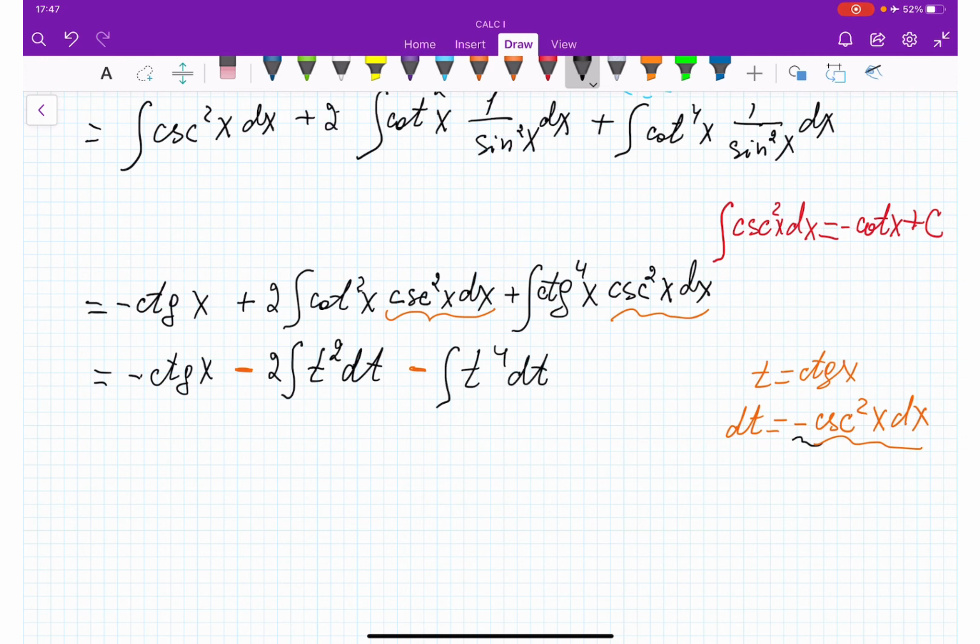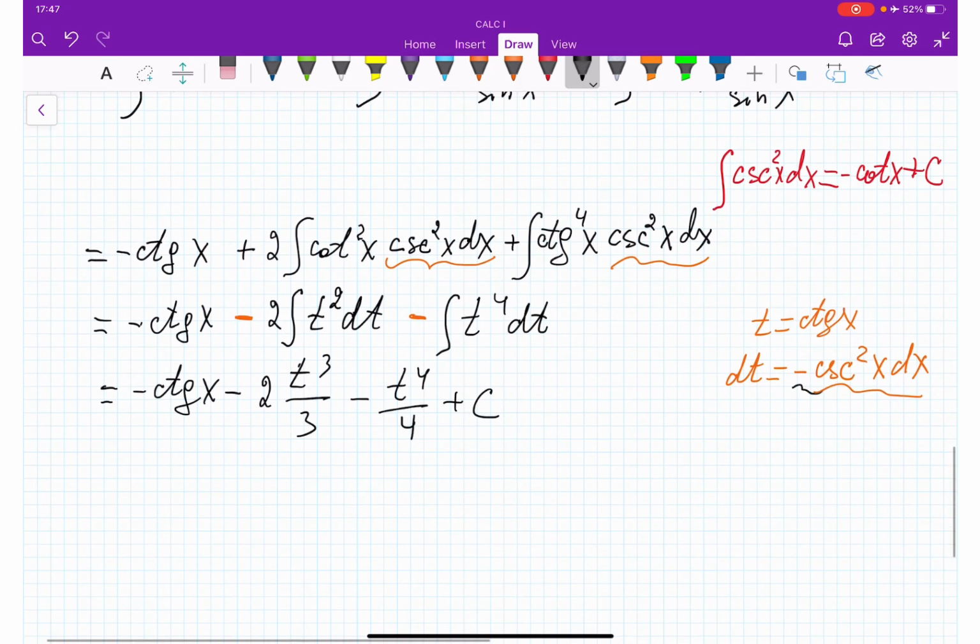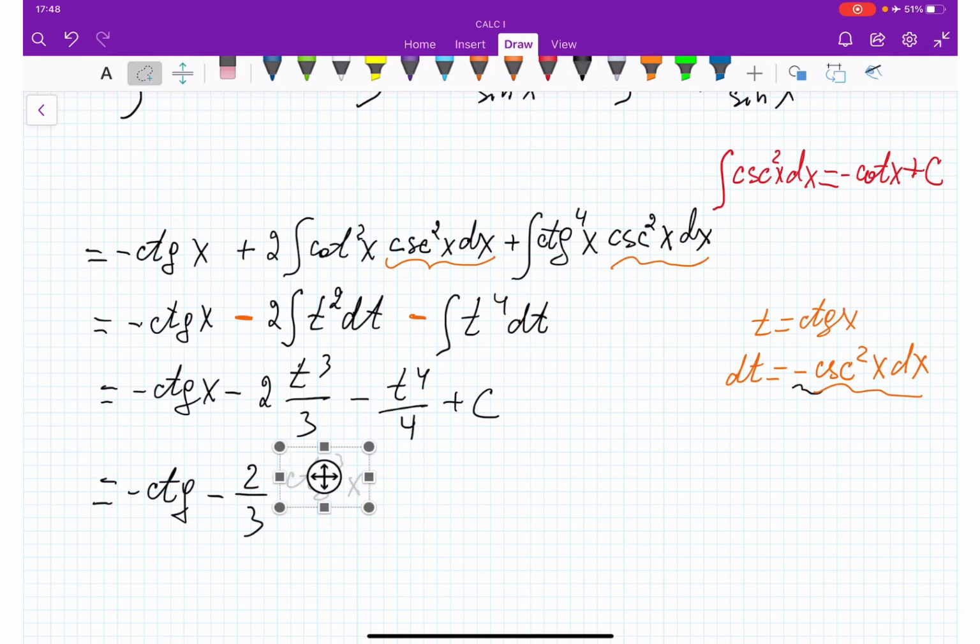All right, so from here, the final result is negative cotangent x minus 2 times t to the power 3 over 3, and minus t to the power 4 over 4, plus c. Wait, I'm sorry, what am I doing?